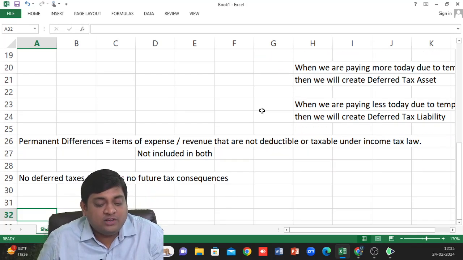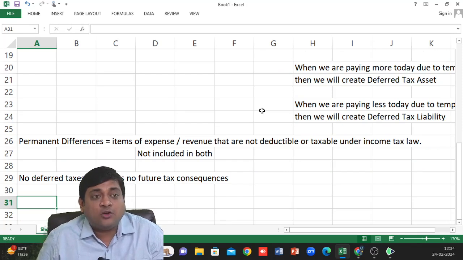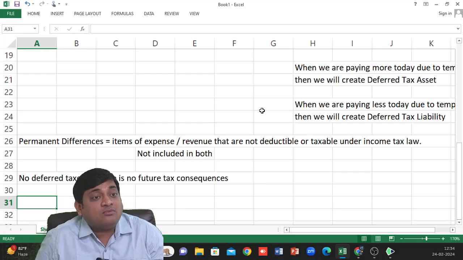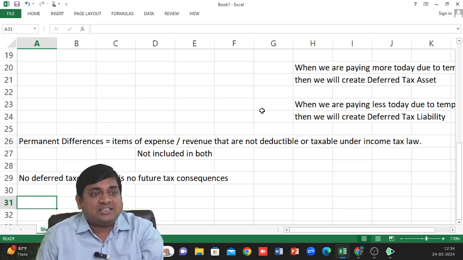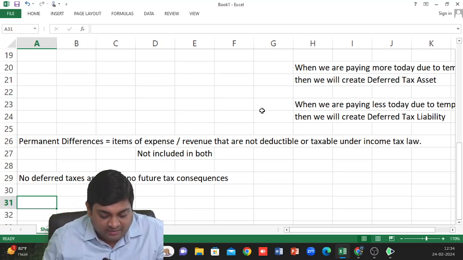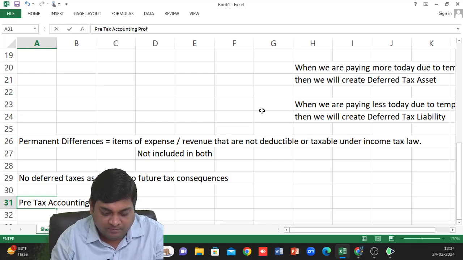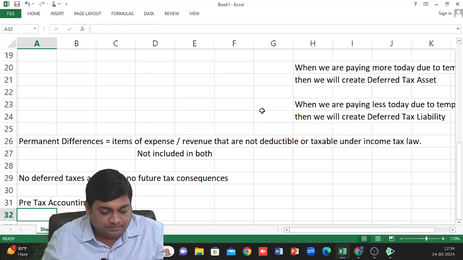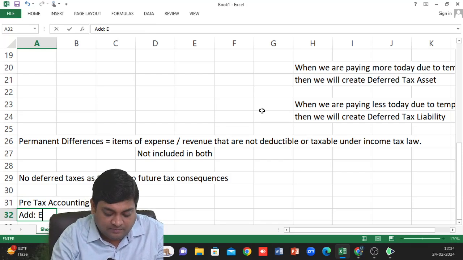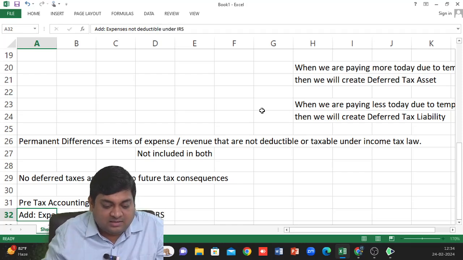So now I am going to give you a list of expenses which are not deductible under income tax law and a list of incomes which are not taxable, or rather which are exempted. So we start with pre-tax accounting profit, add expenses not deductible under IRS.